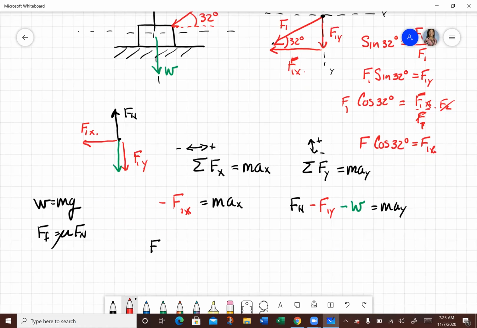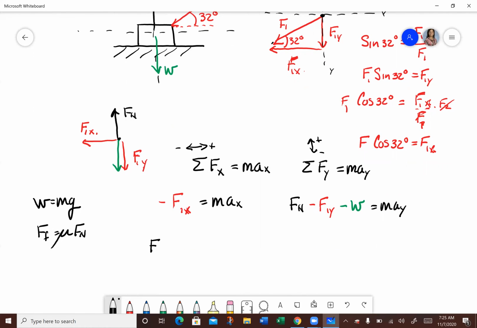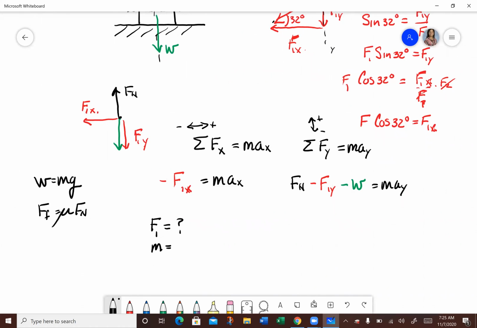So what I am given, I'm looking for that force. What is force 1 is the question. How much is the force? Not the x or y component. I want to know the actual force. If the mass is 4.77658 kilograms, okay, what else do we know?